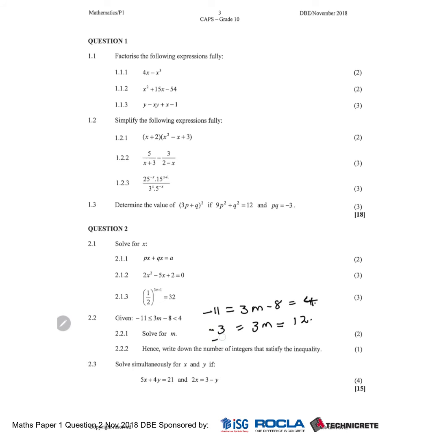Then that becomes minus 1 equal to m, that is equal to 4. Once we've got that, we're going to put the signs back in. So minus 1 is less than or equal to m, but also m is less than 4. That will be 2.2.1.